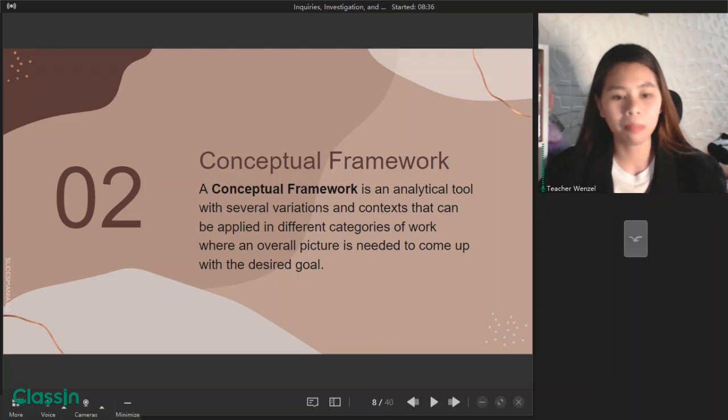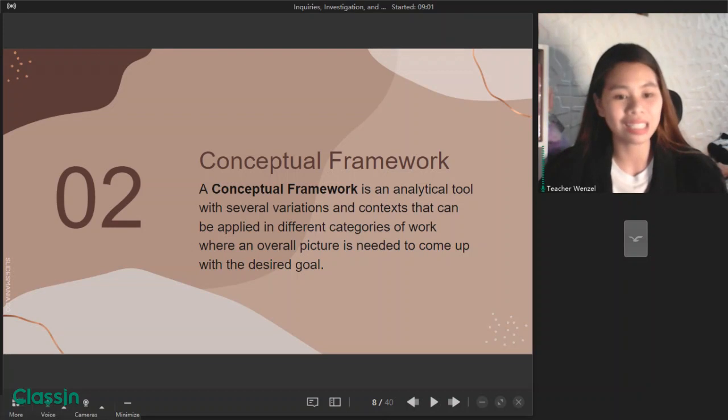So, researchers create and generate theoretical and conceptual framework that comprise a philosophical and methodological model to help design their work.